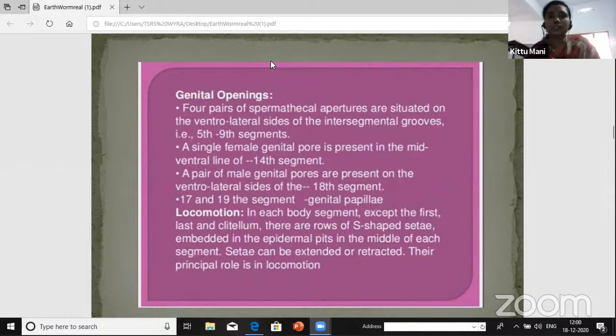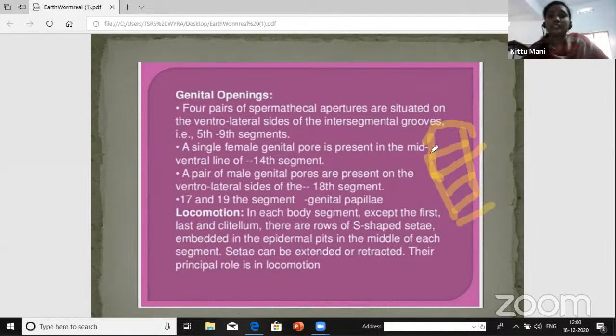For example, I will show. Here it is an earthworm, and again these are the segments. For example, the 5th to 9th segment: 5th, 6th, 7th, 8th and 9th segment.